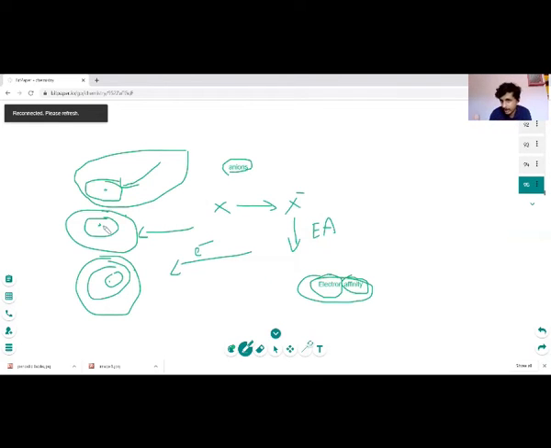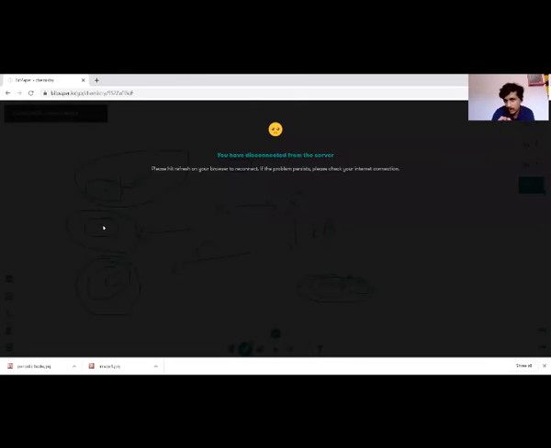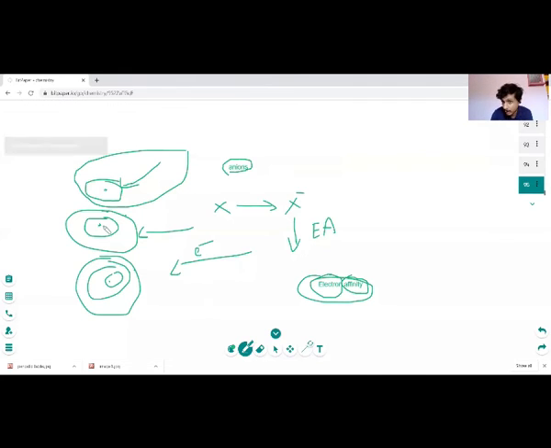Hence, as the size increases, the repulsive force of the electron already present increases, and hence electron affinity decreases. For a common understanding, you can think of it as similar to the ionization potential, but the concept is different. As the size increases, electron affinity decreases, and as the size decreases, electron affinity increases.